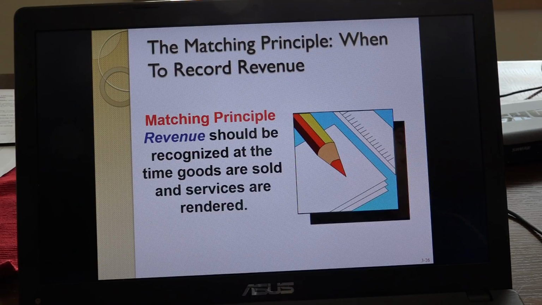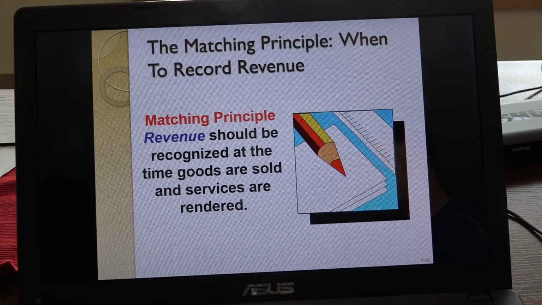Note here that we do not account for revenues and expenses using a cash method like you do with your checkbook. We use, and this is in accordance with generally accepted accounting principles, GAAP, what we call the accrual method of accounting, which simply states that we earn revenues and report them in the period in which we provide a good and or service.